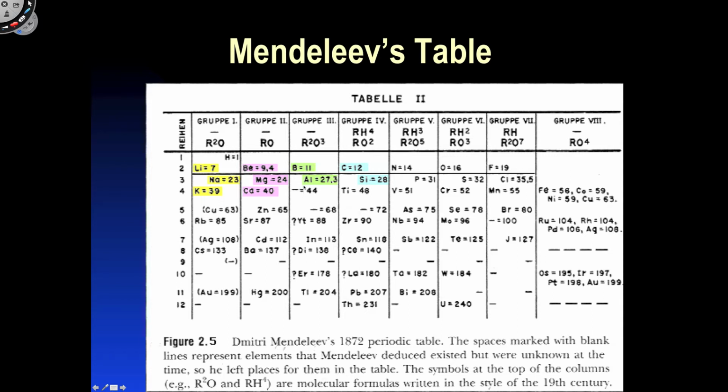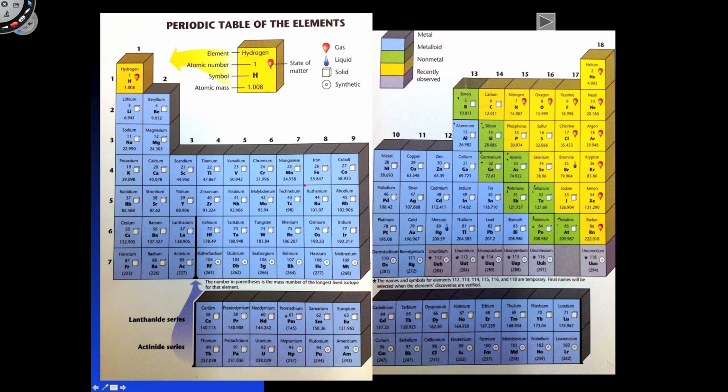Well, Moseley came along a few years later, did it by atomic number, and many years pass, and we end up with what you're used to seeing, the current periodic table. This is the one that is in our textbook, which is copyrighted 2008, so this is an older version.